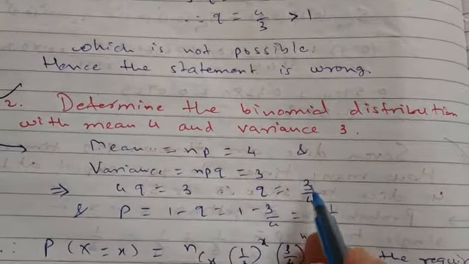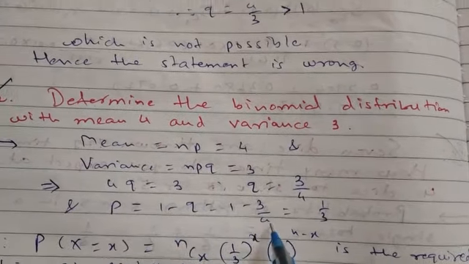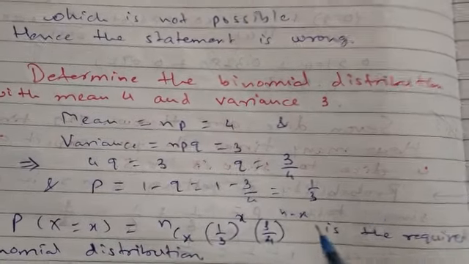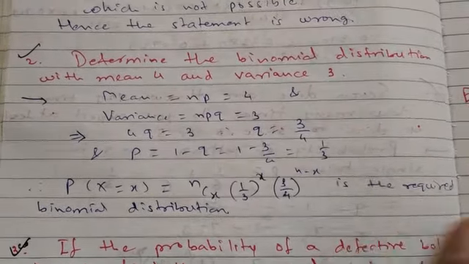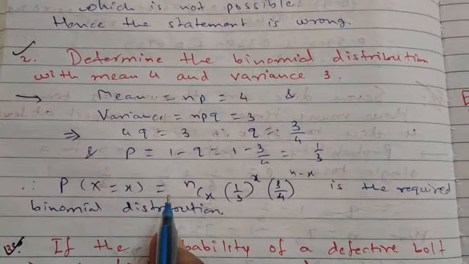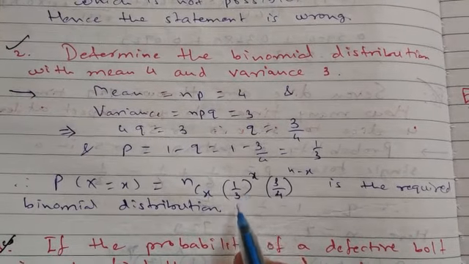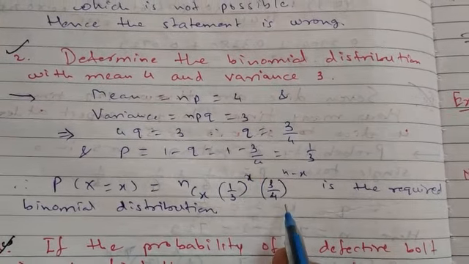Once you know q, we can find p as 1 minus q. So 1 minus 3 by 4, which is 1 by 4. Therefore, the PMF of the corresponding binomial distribution is probability at X equal to x is nCx, 1 by 4 raised to x, that is p raised to x into q raised to n minus x.